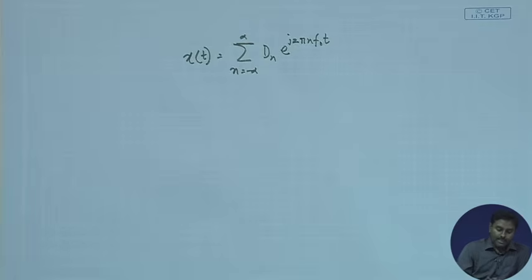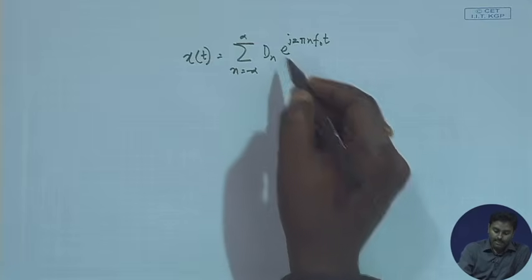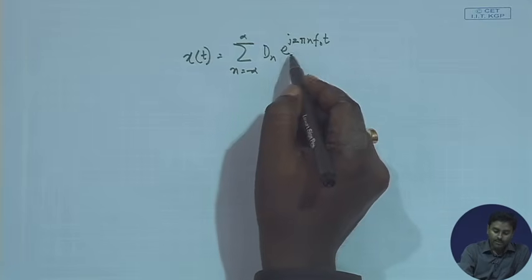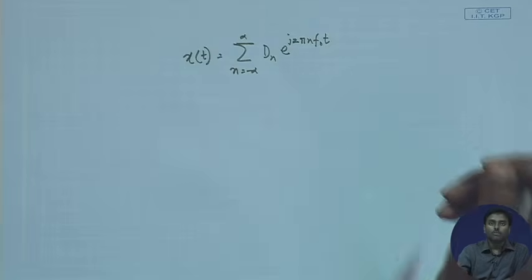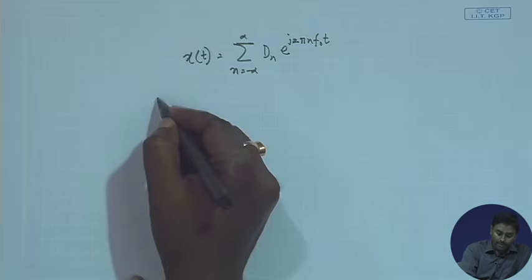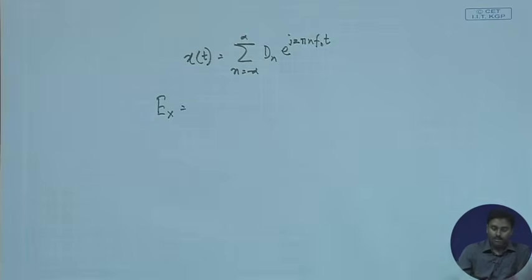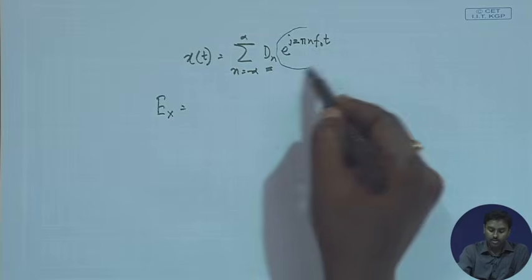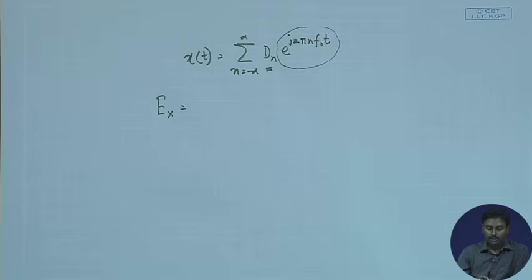Now, what we are saying is that as long as we know dn, we know that for every n these are the orthogonal components. Therefore, the energy of x must be built from the individual energies, where the signal is a linear combination of these orthogonal signals. What is the corresponding energy of each of them?